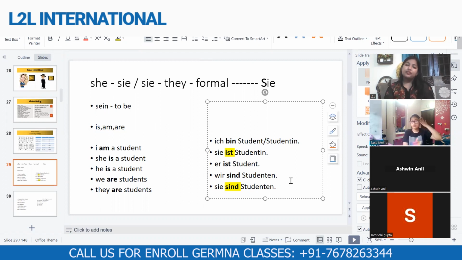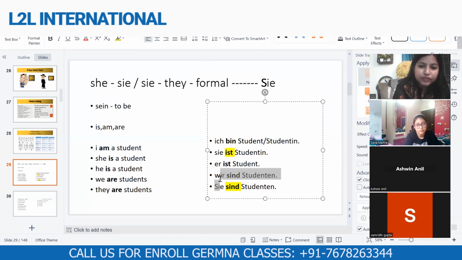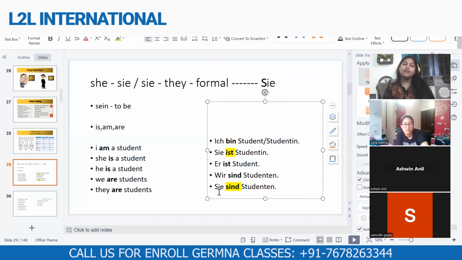That, ma'am, for example, if I have to, okay, let's see here. I have to make this letter and let's make all the first letters capital. Now you can tell me that, ma'am, in the last sentence, it is also with a capital. So how do we understand whether this Sie is the formal Sie or the 'they' sie?